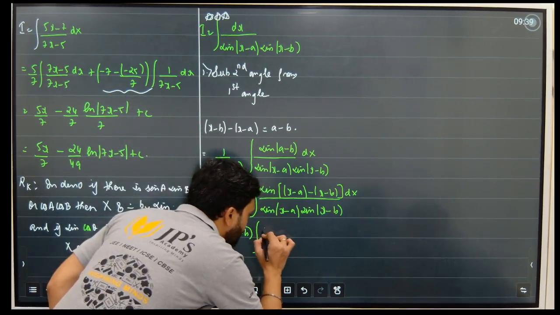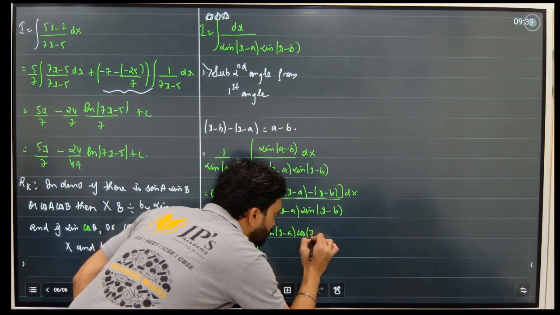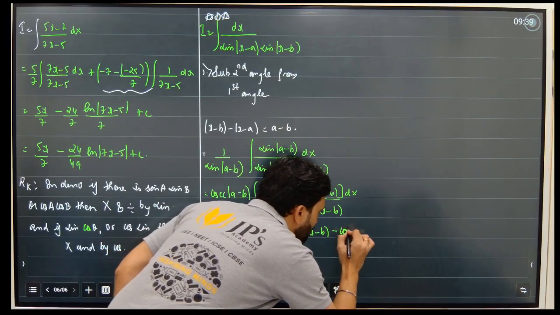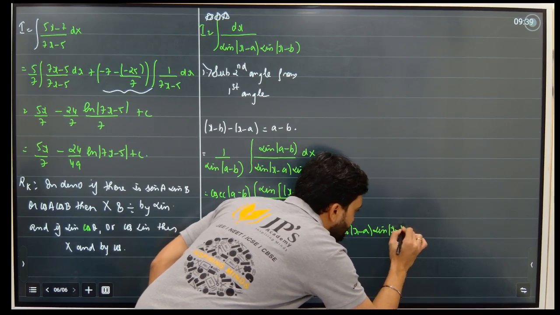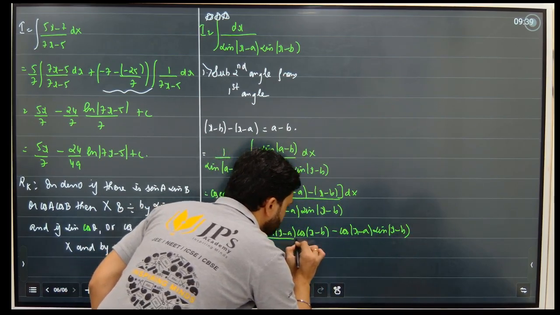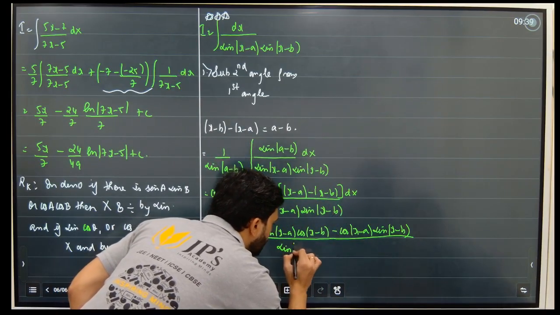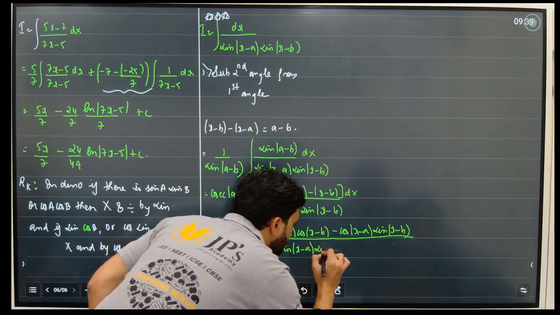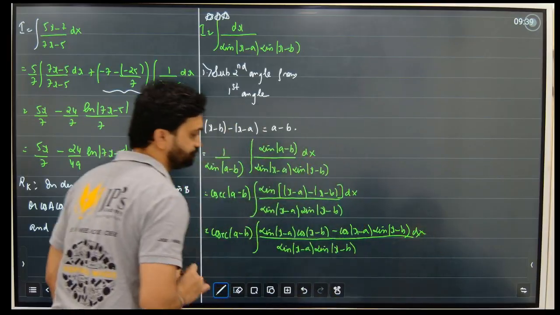I'll expand the bracket. This will become sin(x minus a) cos(x minus b) minus cos(x minus a) sin(x minus b) upon sin(x minus a) sin(x minus b) dx.